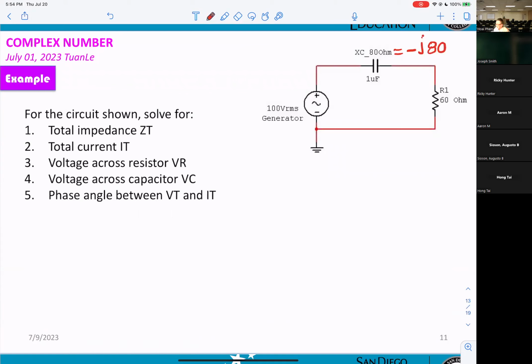Second thing, Z total will be adding 60 minus J 80.